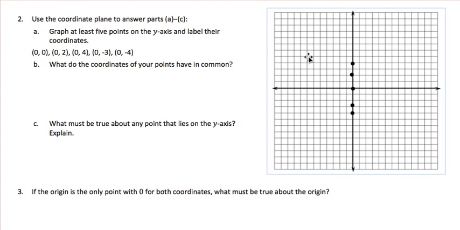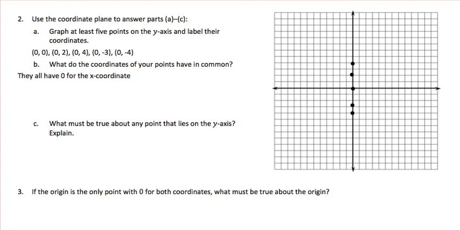And naturally, we're going to ask the same question. What do the coordinates of your points have in common? They all have zero for the x-coordinate. So what must be true about any point that lies on the y-axis? Any point on the y-axis must have 0 for the x-coordinate.